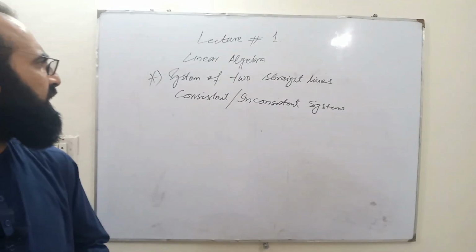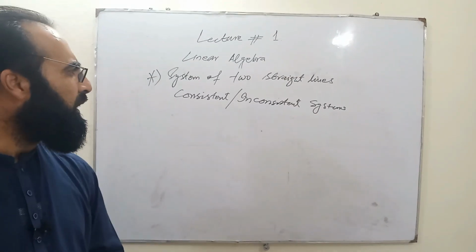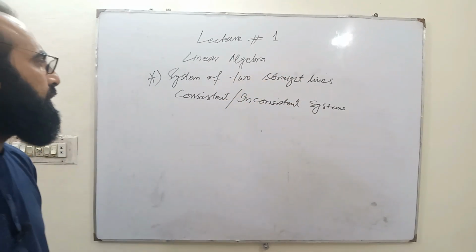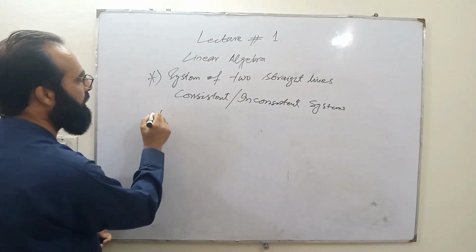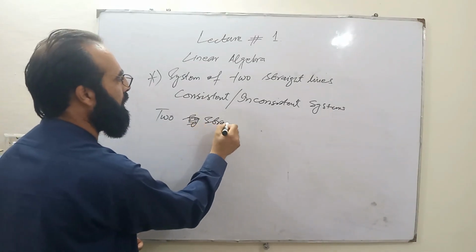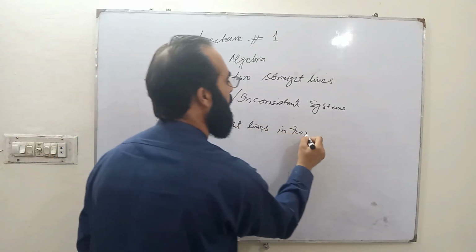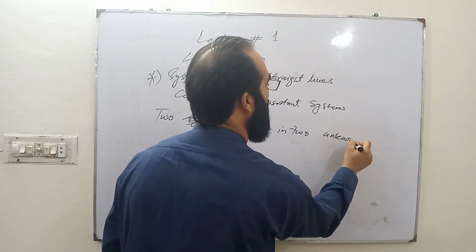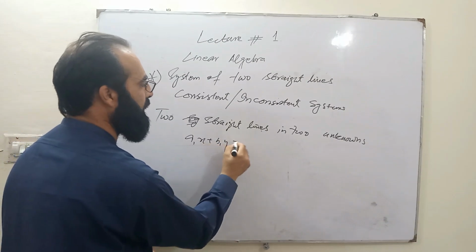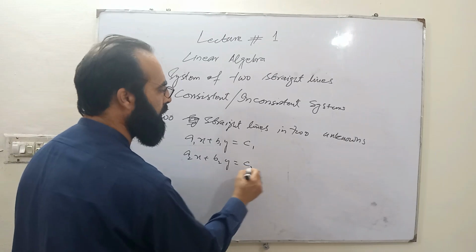Now we move toward the system of two straight lines. The standard form of a system of two straight lines in two unknowns is a1x plus b1y is equal to c1, a2x plus b2y is equal to c2.